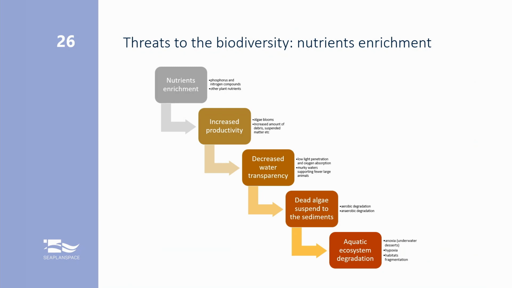That is the first thing. The second thing is that hydrogen sulfide may also occur in such areas. So all that leads to strong aquatic ecosystem degradation. It's connected to habitat fragmentation, hypoxia, anoxia, hydrogen sulfide, which is very toxic to marine wildlife, and of course several underwater deserts.